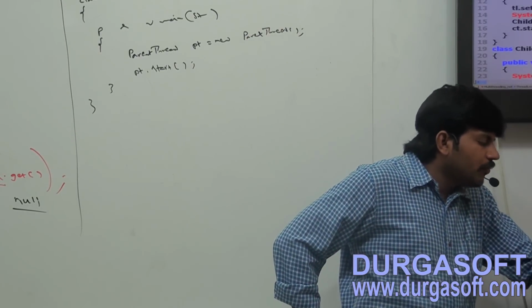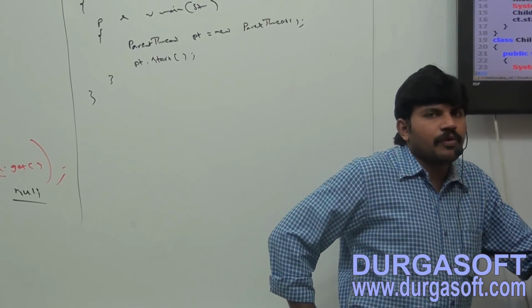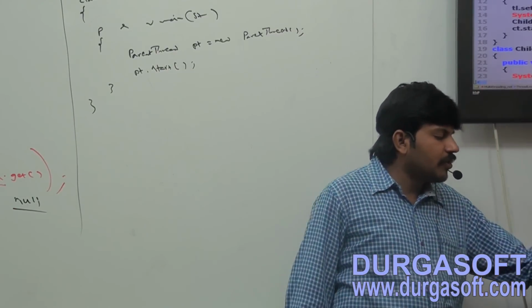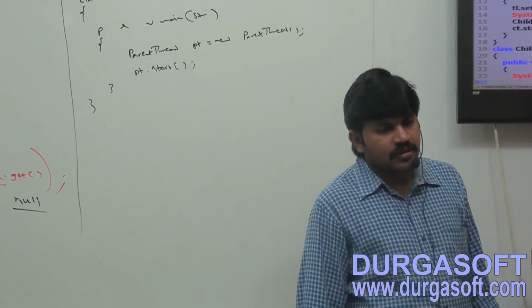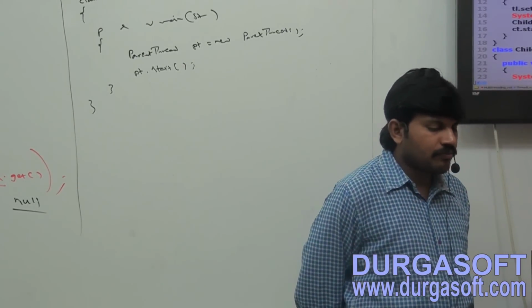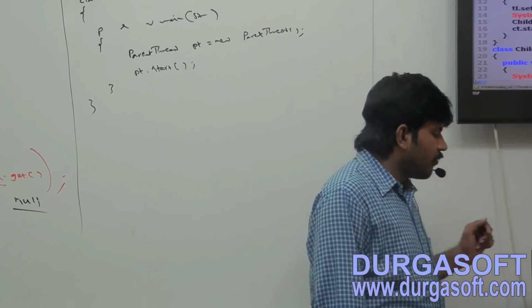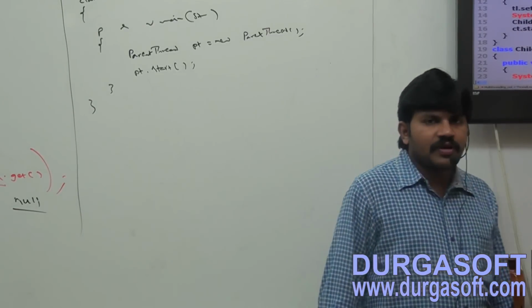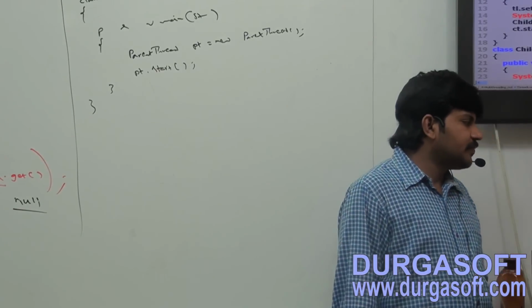Next, if we want to make the parent thread's thread local variable value available to the child thread, then which class should we go for?